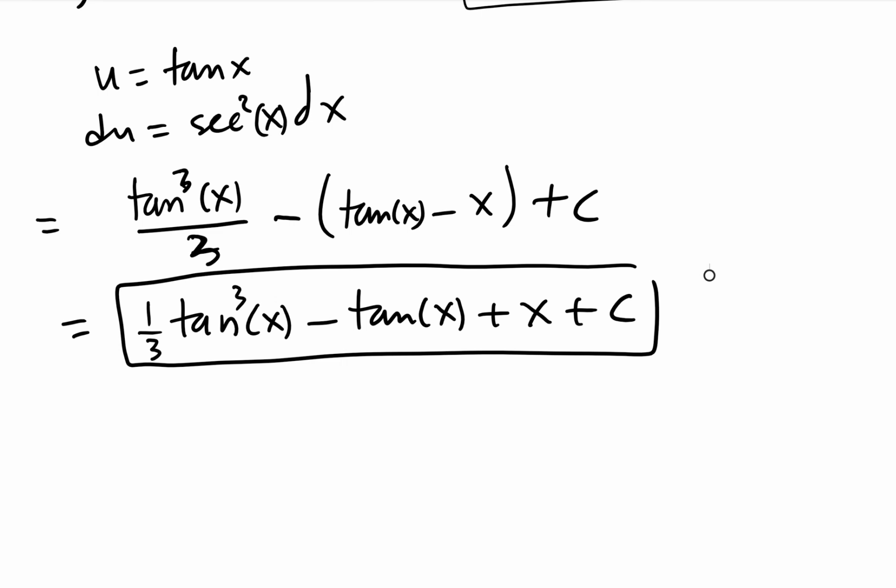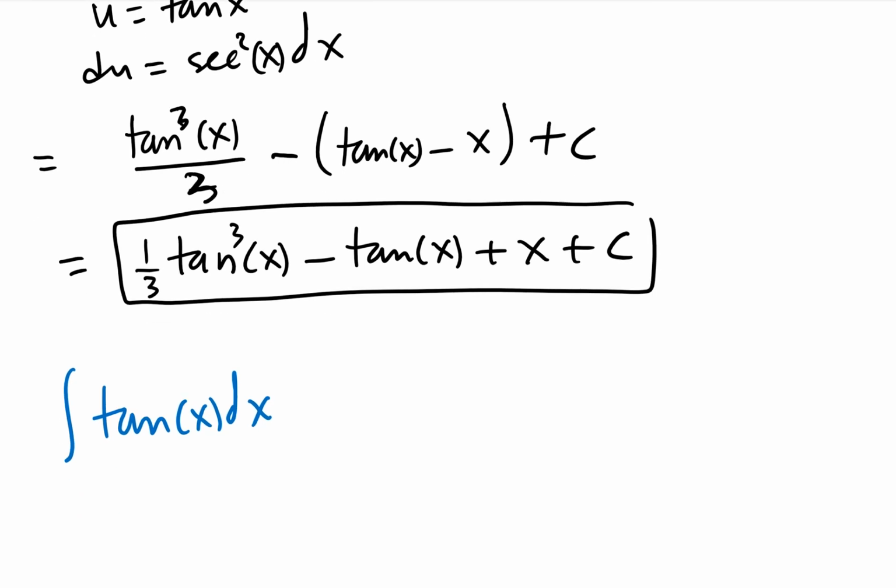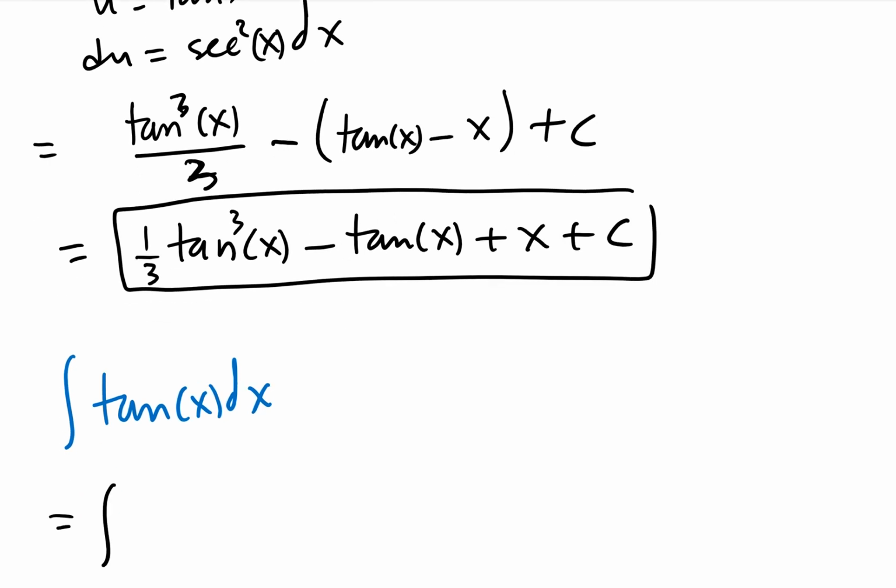Another common one that people ask and you come across all the time, how about just tangent x? You've seen that before in Calc 1, but it's good to recall it. The way to do tangent is just rewrite it as sine over cosine, and then we do the u sub.